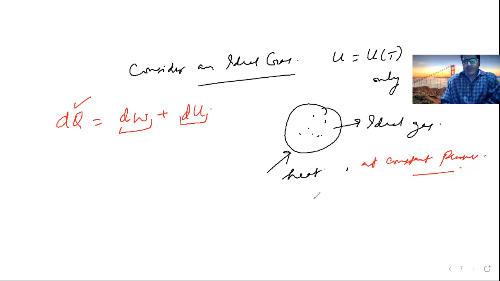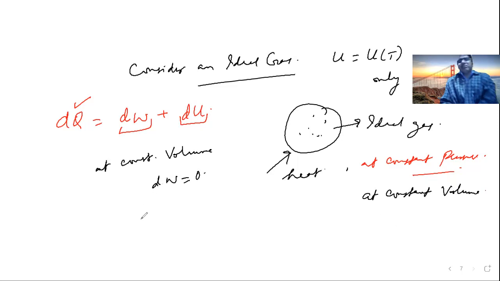But now compare this situation. If I am putting the heat into the same gas but at constant volume, remember, at constant volume, work done by an ideal gas is zero. Because if volume is fixed, piston is fixed, gas can do no work on its surroundings, right?